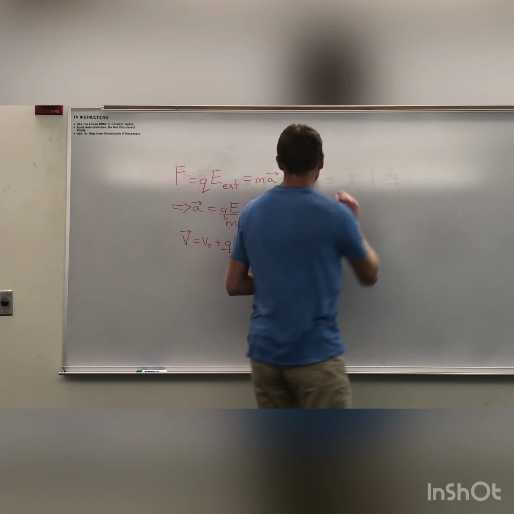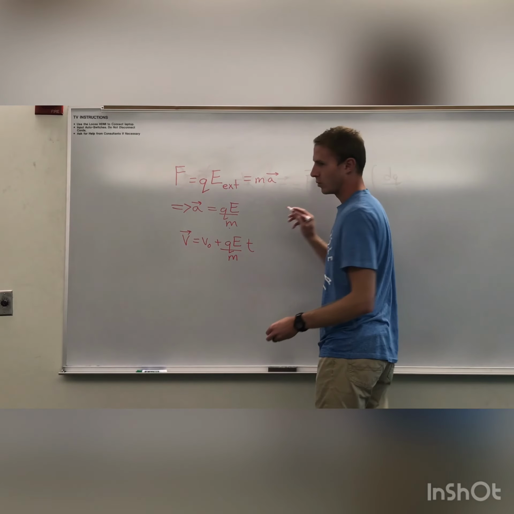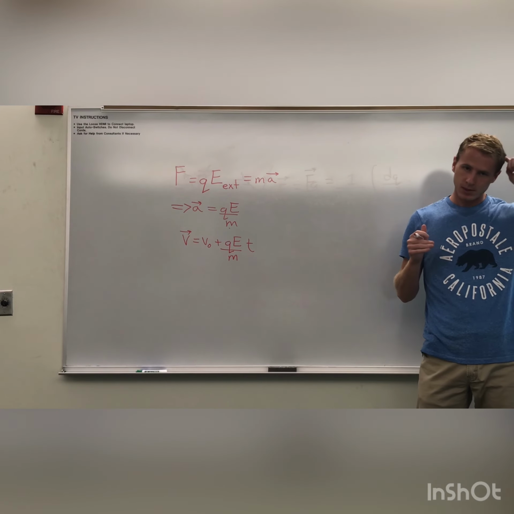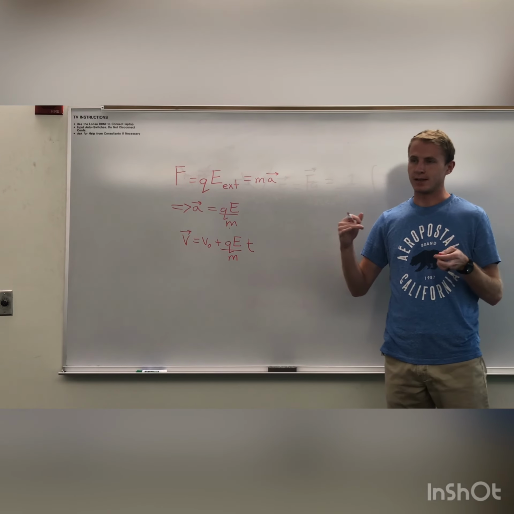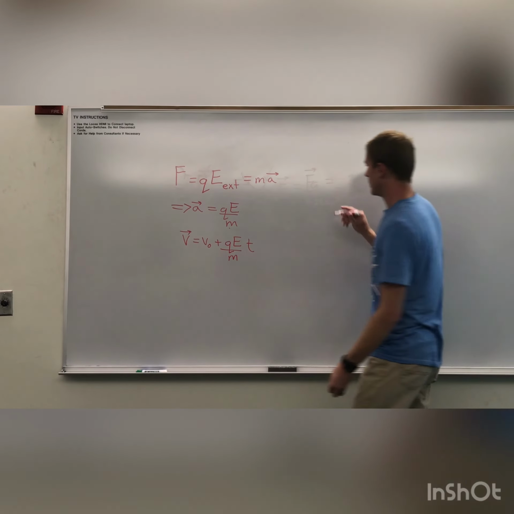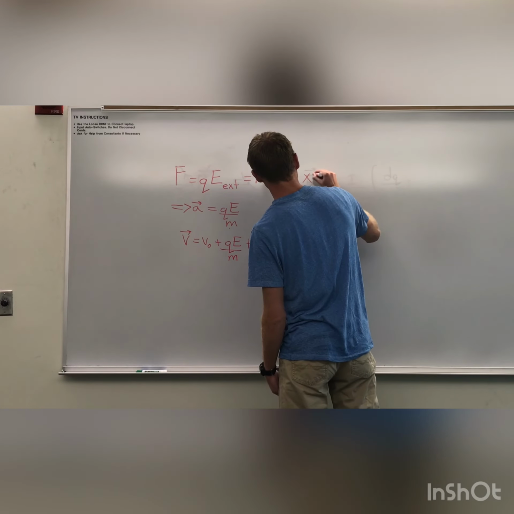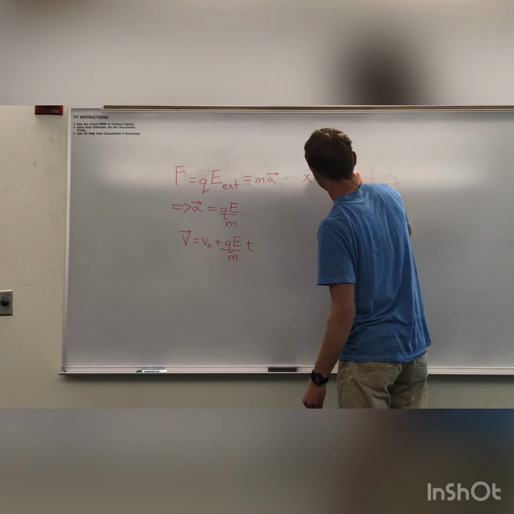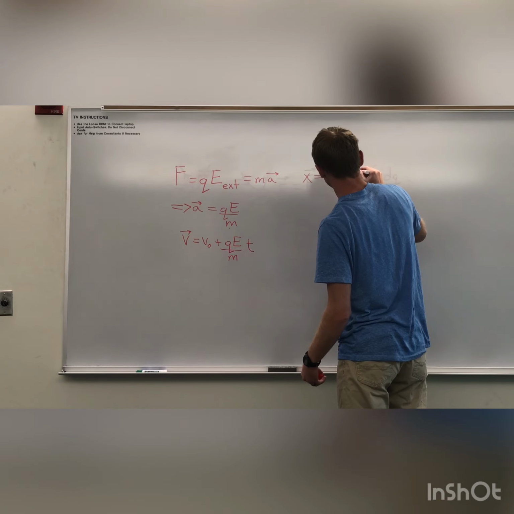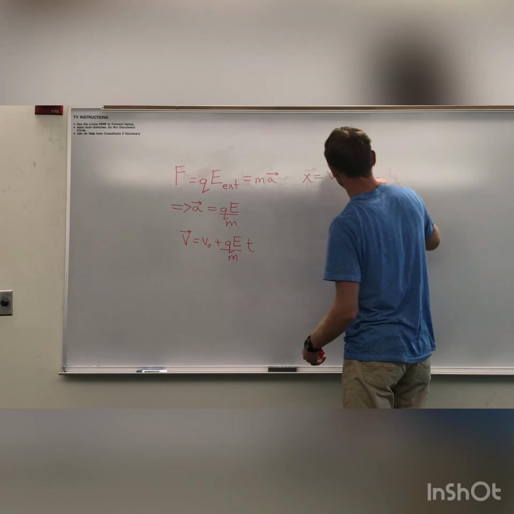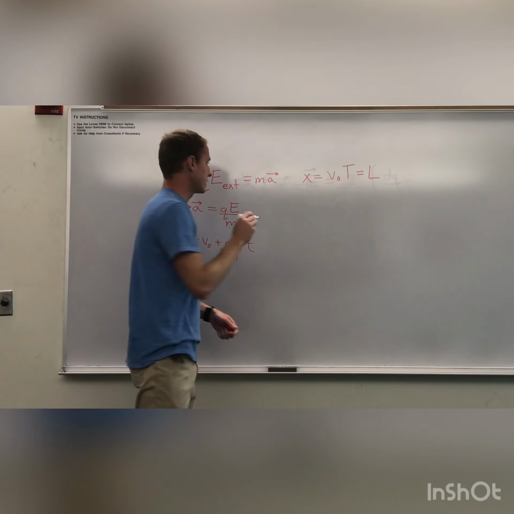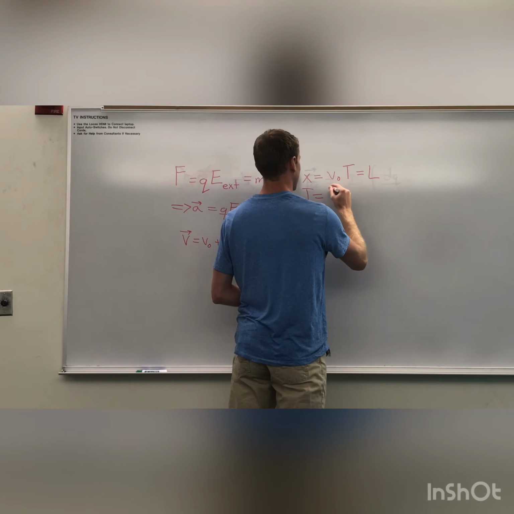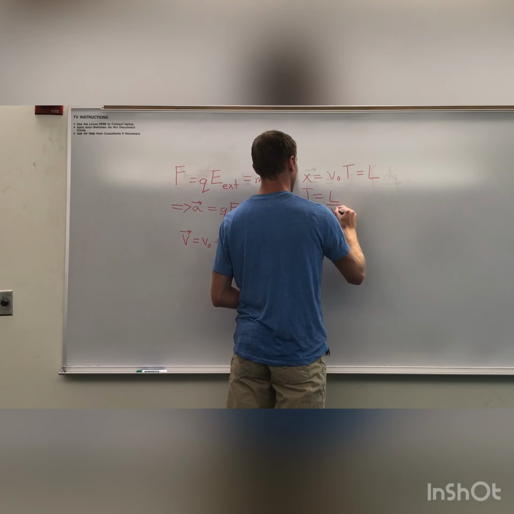Then we want to find the x and y components. If we have a charge traveling a length L in time t, we have the distance, or the x position, as v naught t equals L, or we have t equals L divided by v naught.